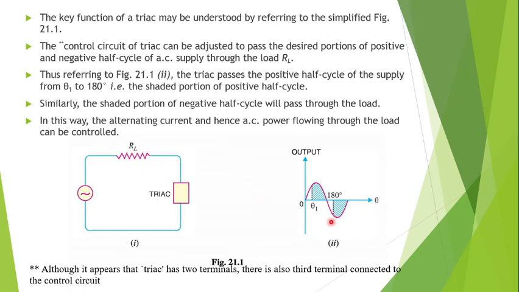So if you look at this figure, the current passing to the load is from theta 1 to 180 degrees in the positive half cycle. Same is the case with respect to the negative half cycle. Here in this figure we are shown triac having two terminals, but it actually has three terminals. The third terminal we have not shown here in order to simplify the circuit.